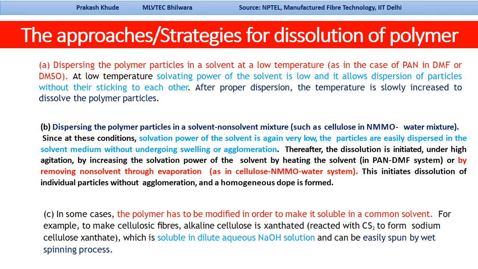For example, to make cellulosic fiber, the alkaline cellulose is xanthated. As we have seen in viscose, the xanthation process is carried out with CS2 to form sodium cellulose xanthate, which is easily soluble in dilute NaOH solution and can be easily spun by wet spinning.